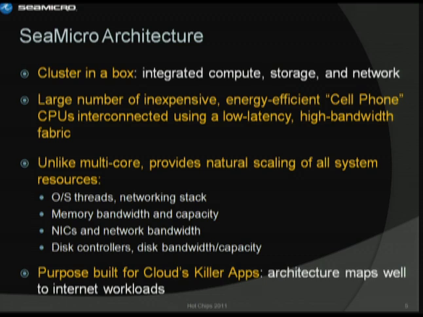Multi-cores typically scale only the compute aspect, and it's difficult to scale the I/O bandwidth. Our system provides natural scaling for compute, which is the OS threads, memory bandwidth and capacity, NICs and network bandwidth, and disk bandwidth and capacity. And as I already mentioned, it's purpose-built for cloud scalar apps.